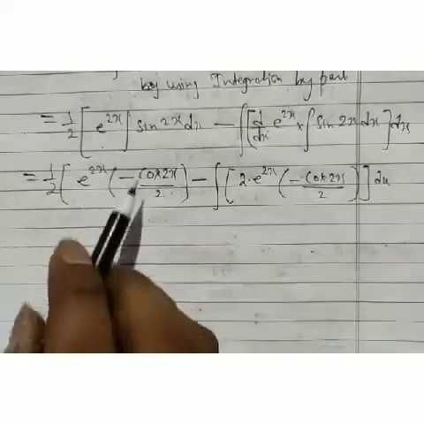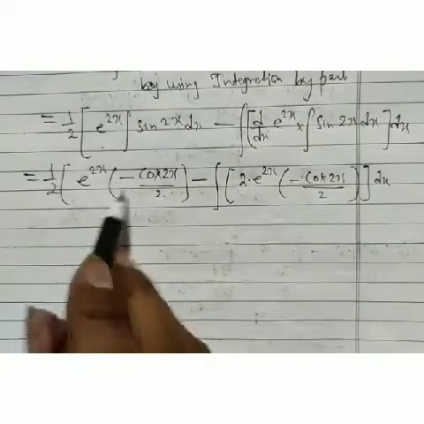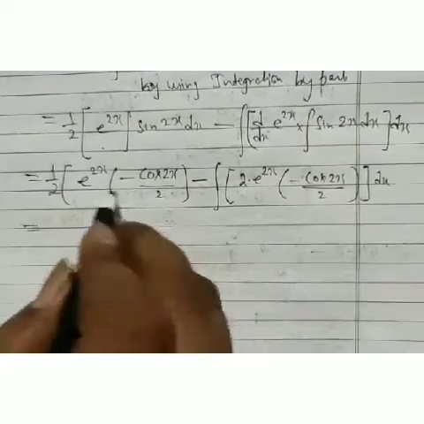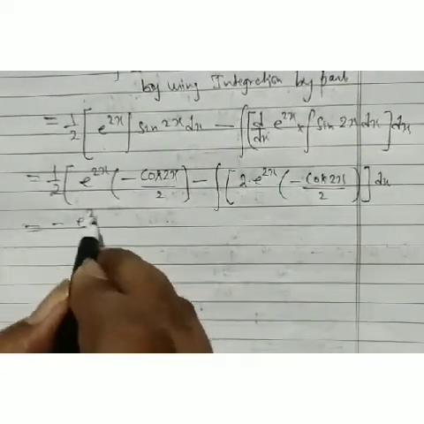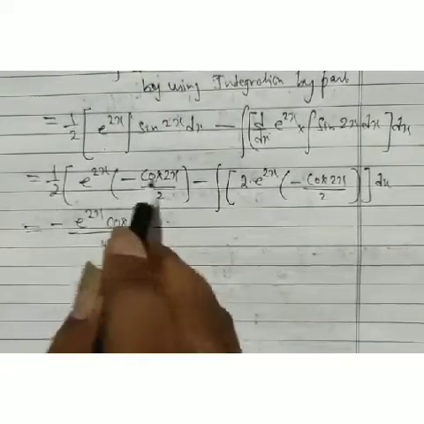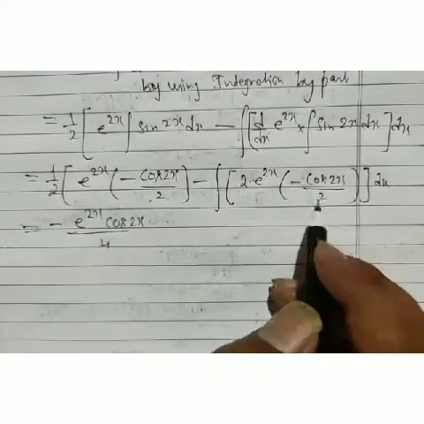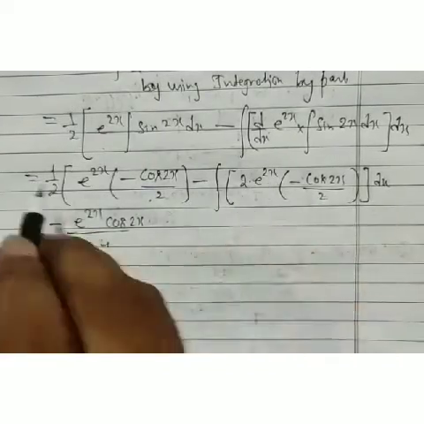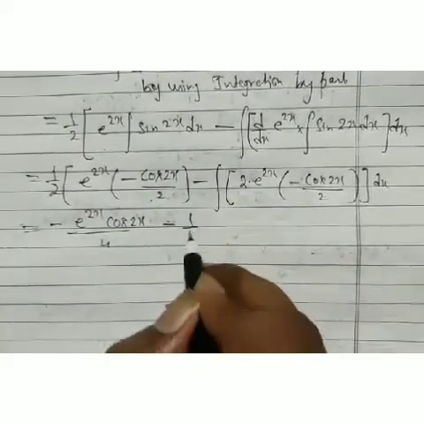Then we solve these terms. After completing, we have minus e to the power 2x cos 2x by 4, this 2 times 2 is 4. Then here, look, this 2 and 2 cancel each other, then this is 1 by 2 here, minus 1 by 2.